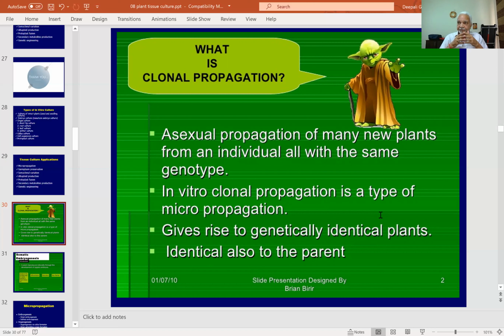where a new plant is generated from somatic cells. The advantage here is that the new plant has the same genotype, because genetic variability comes through the sexual mode of reproduction. So one advantage of clonal propagation is that you get genetically identical plants following the asexual mode of reproduction.